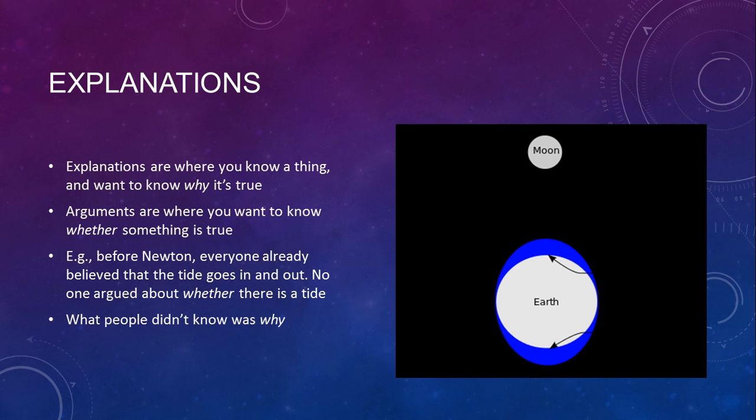So in an argument, you start from things that you can agree on and move to something controversial or less well known. Whereas in an explanation, you can start from things like, hey guys, there's an invisible force that permeates the universe. You can't see it, but it's binding us all together, both the sun and the moon and me to the earth and you to me and all that stuff.